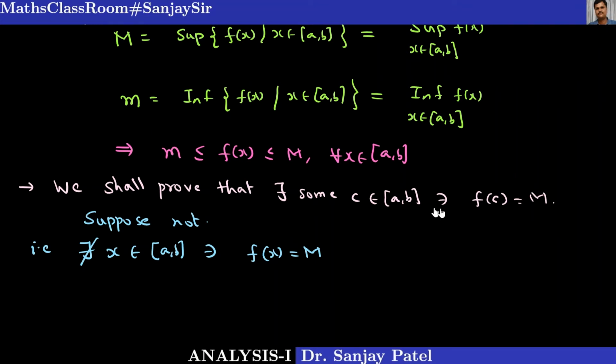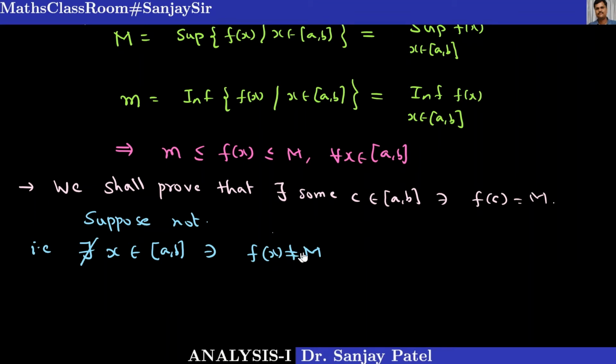f of x is equal to M means f of x is not equal to M for whatever x you choose in closed interval AB. There exists some c in closed interval AB such that f of c is equal to M is not true means there is no x in closed interval AB such that f of x is equal to M, means f of x is not equal to M for any x.